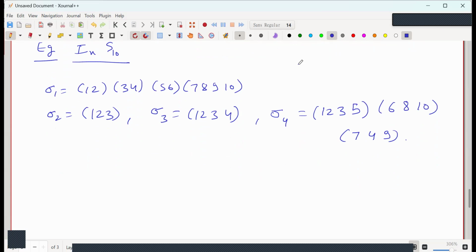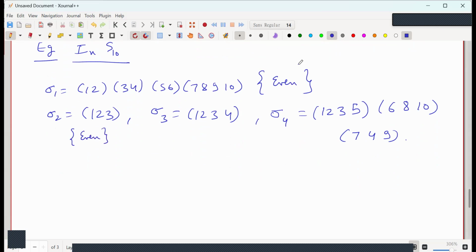First one is even. Second one is also even. First one is even. There are 4 even length cycles. Second one, this is also okay, even, right?